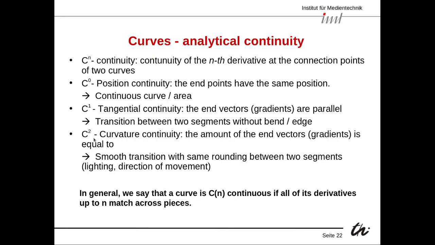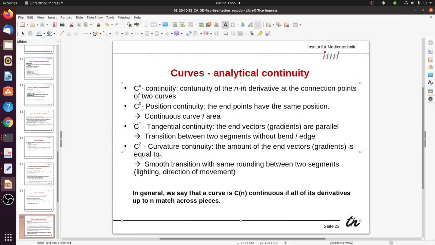And to avoid this sharp edge, we define the C2 continuity, which means we have a curvature continuity. The magnitude of the edge vectors or the gradients is equal on both sides. Yeah, and here it's the magnitude of the gradients at the ends.